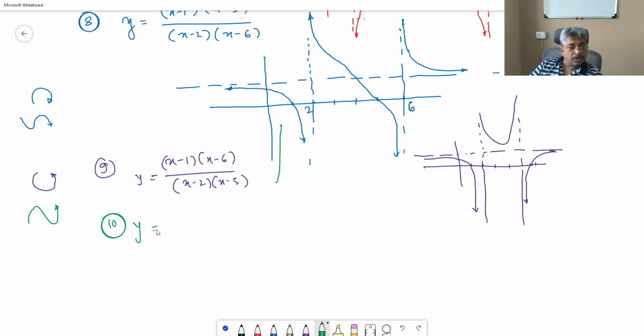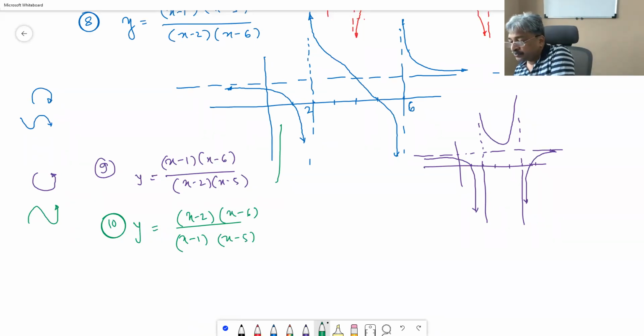10. y is equal to, we should start with the smaller one in the denominator. Then (x minus 2)(x minus 5)(x minus 6). Now you should have reasonably good speed to finish these activities. Graph number 10 is similar to graph number 8.